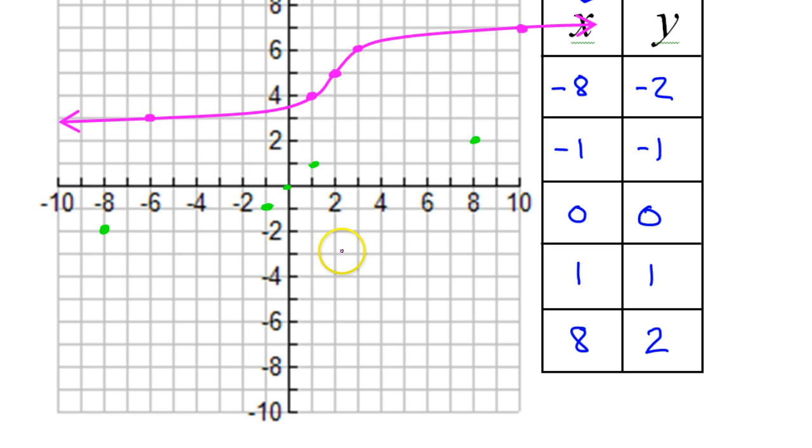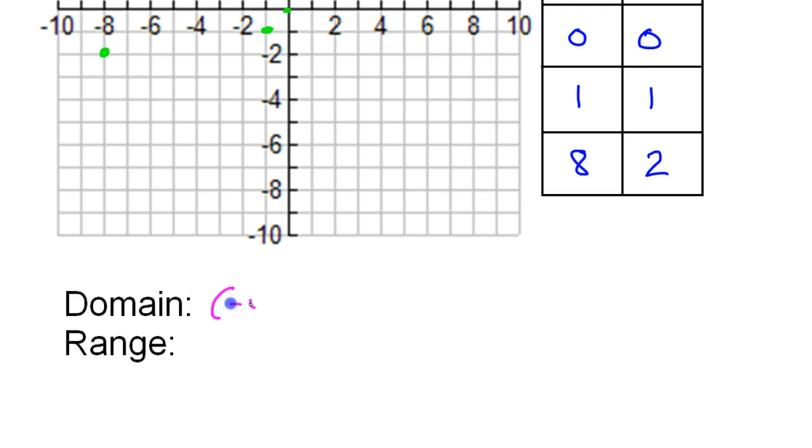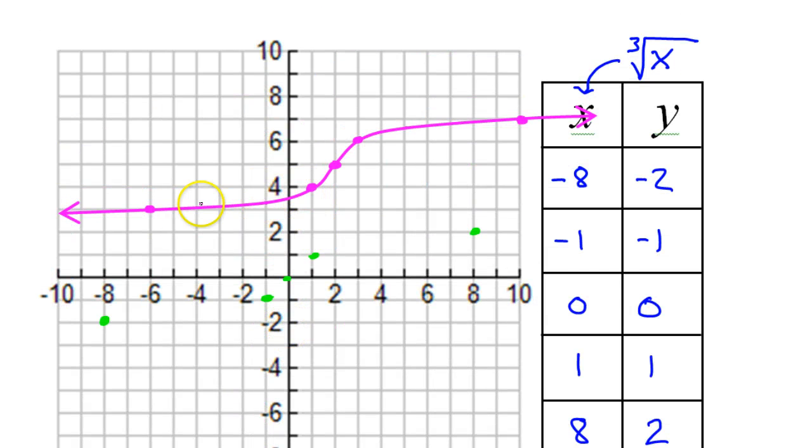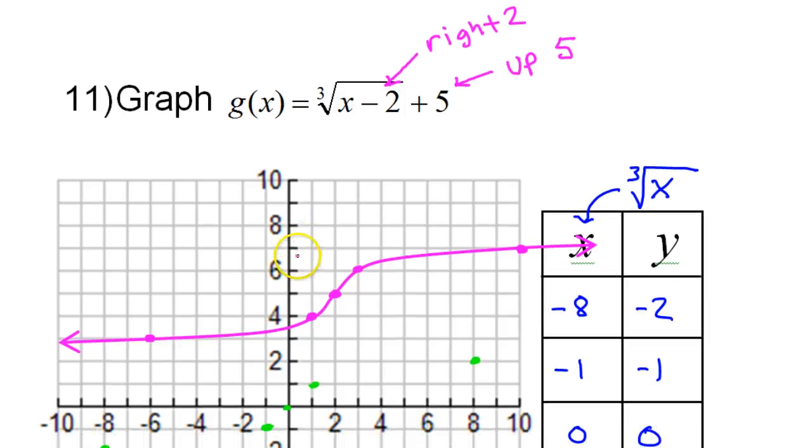Now, the domain and range of all cube root functions will be the same, negative infinity to positive infinity for both domain and the range. Alright, the reason being, domain is the x values, and the x values go to the left forever and to the right forever. The range is the y values, which go down forever and up forever. So that is it for problem number 11.